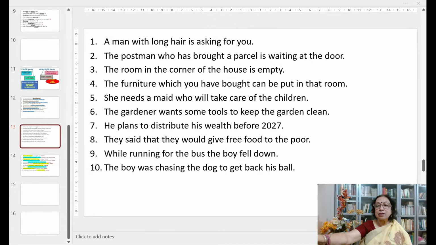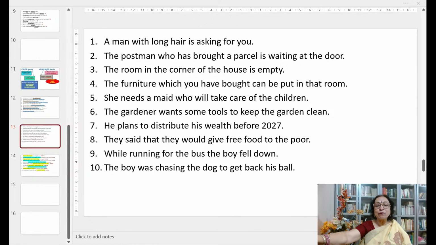That is not a clause. Identifying the group of words is correct. A man with long hair. Now you see, a is article, man is noun, with is preposition, long is adjective, hair is noun again. So where is the finite verb? Can you tell me where you have found a finite verb?